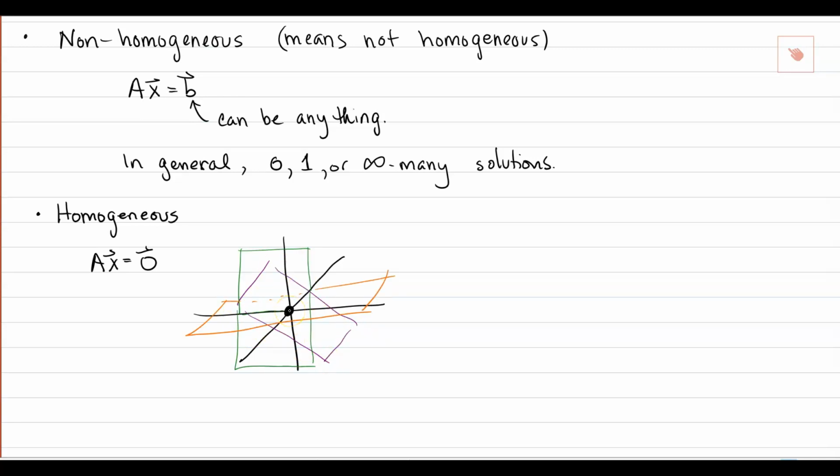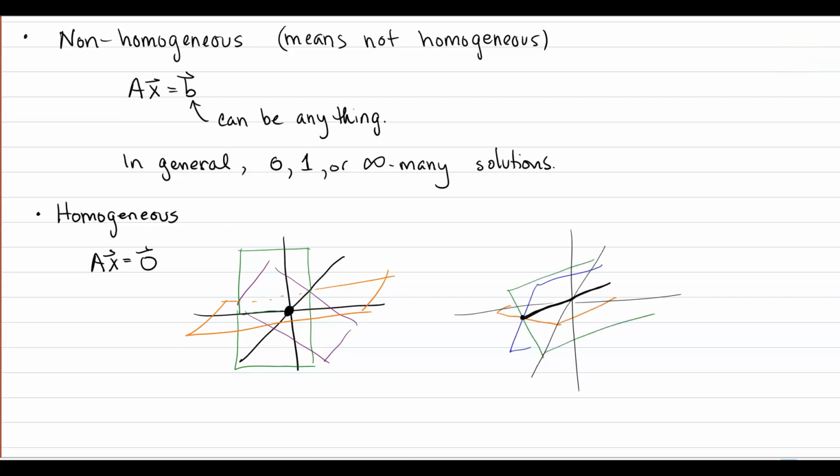So it's some set of 3 or more planes in 3 or more dimensions that intersect at least at the origin. And it's possible that they intersect in more than one place. If they intersect in more than one place, then they have to intersect in infinitely many places. So let me just draw an example of something like that.